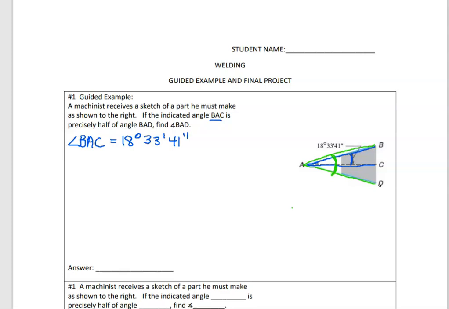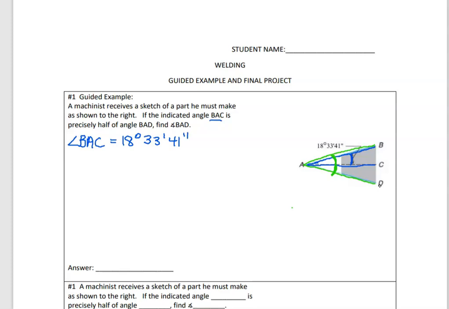And they also give us some other information that basically says that angle BAC is precisely half of the other angle. So what we need to do is multiply this by 2, or add 18 degrees 33 minutes 41 seconds to 18 degrees 33 minutes 41 seconds.